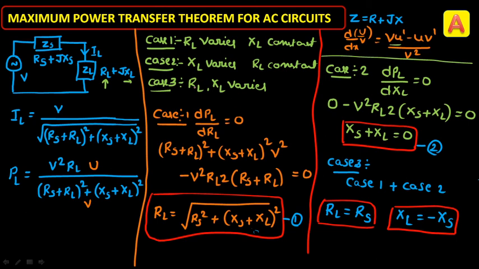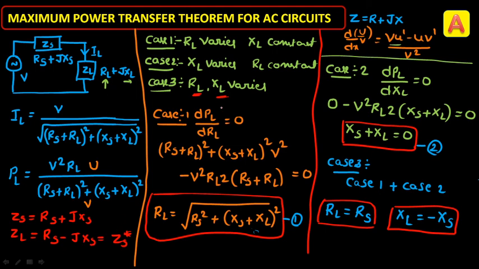Whenever the source impedance is Rs plus jXs, the load impedance must be Rs minus jXs, which is the source conjugate.